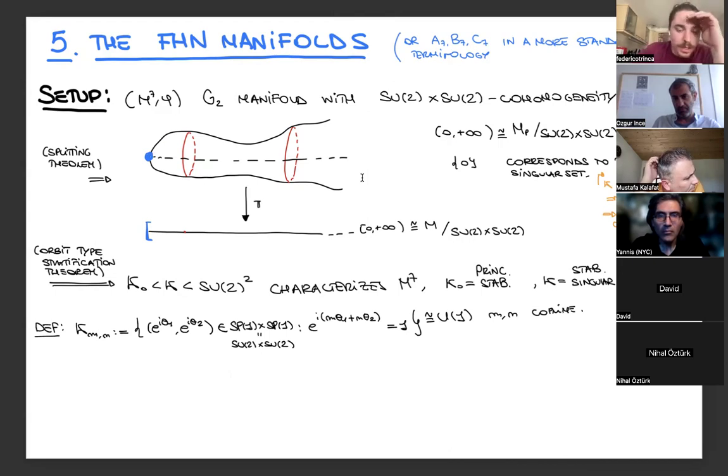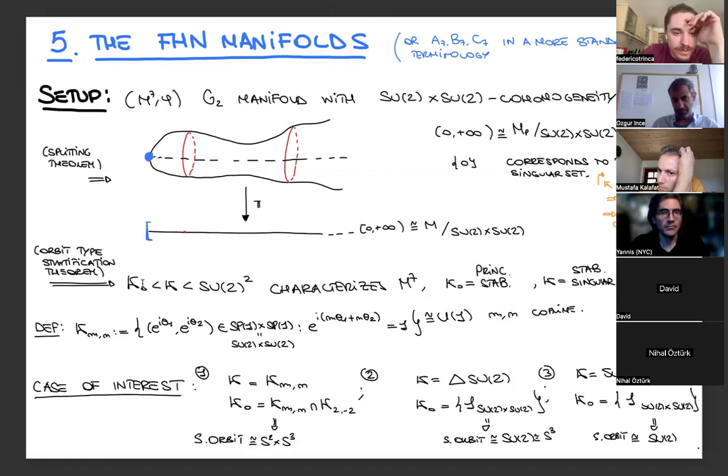Now there is a subgroup of SU2 times SU2 that is going to be crucial in the first Foscolo-Haskins-Nordström construction. It doesn't really matter here, but just remember that this is a U1 embedded in SU2 times SU2, and this depends on two parameters, m and n, which are coprime numbers.